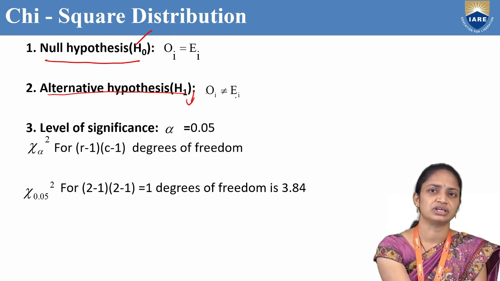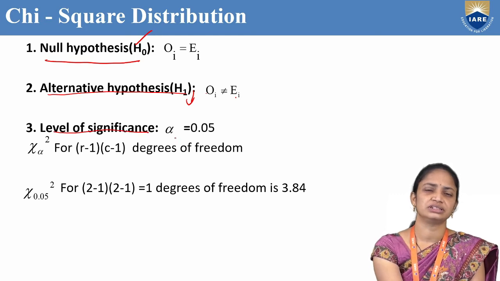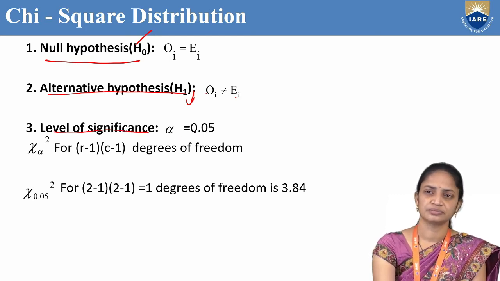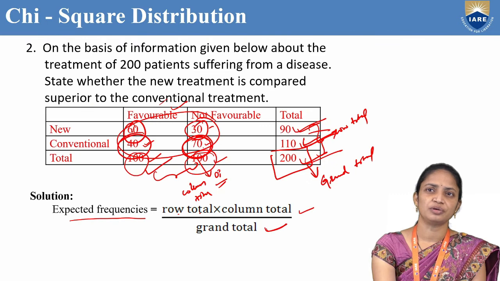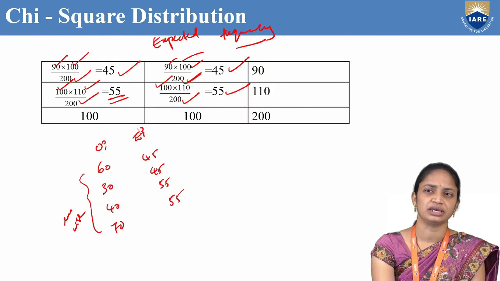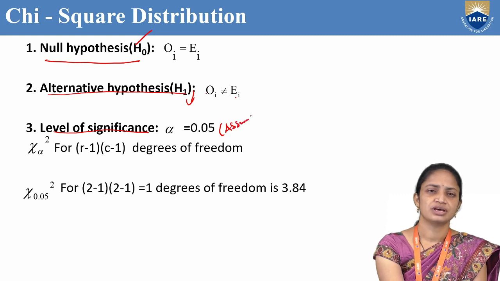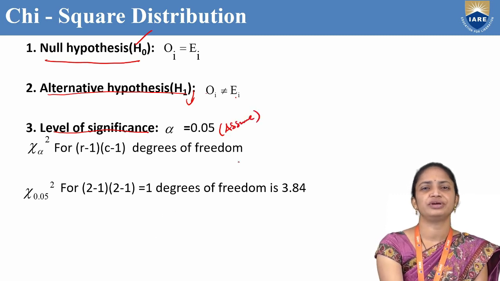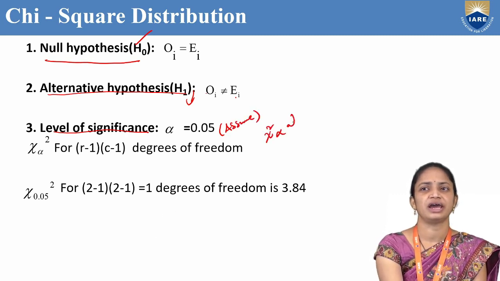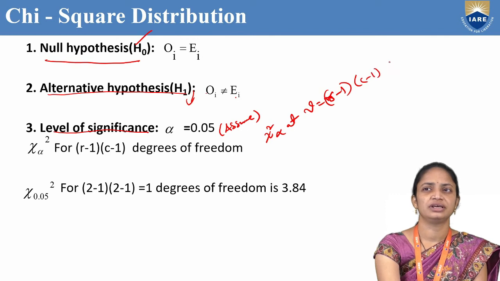So next, level of significance. Level of significance is alpha. That value is not mentioned in the question, so I am assuming that alpha equal to 0.05. Now we need to calculate chi-square alpha at nu equal to (r minus 1, c minus 1) degrees of freedom.